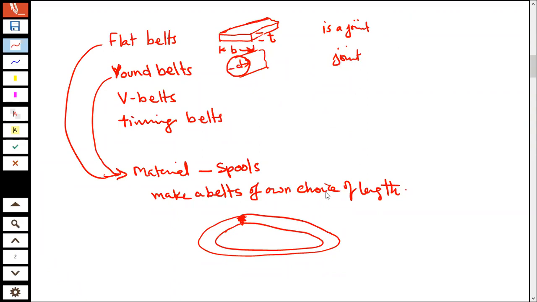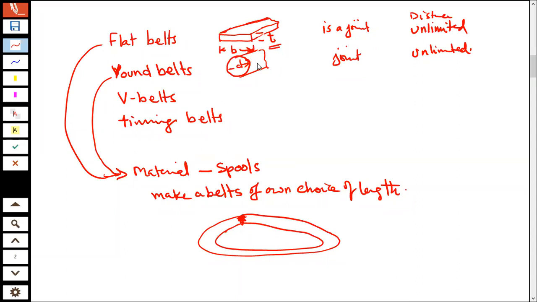Now, as far as the center to center distance is concerned, that is, through how much distance can these two types of belts transmit power, the distance is unlimited. You can transmit power through unlimited distance theoretically. Similarly, unlimited with this belt too. And there are different sizes available as far as the thickness is concerned.